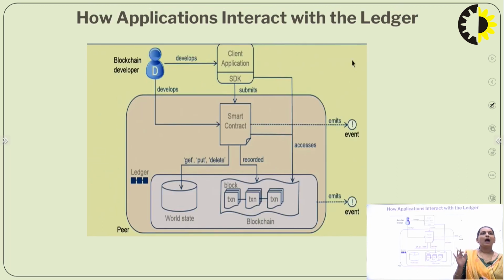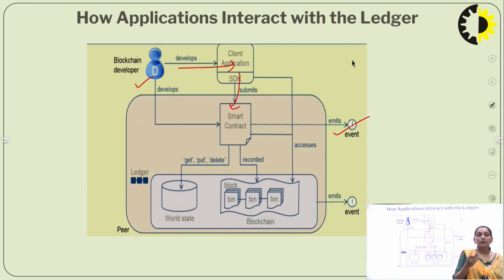Okay, next is how the application interacts. A developer develops the client application SDK and submits it to a smart contract, which emits an event. Then, when we have a smart contract, what we have to do is record it. If you put something, get something, or delete something, that has to be recorded.